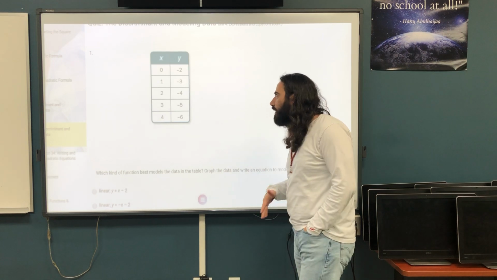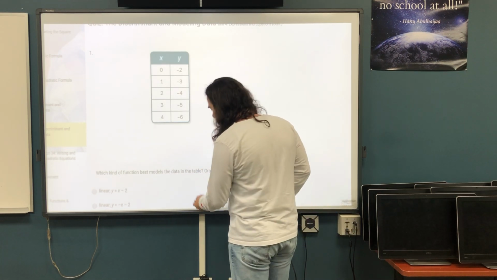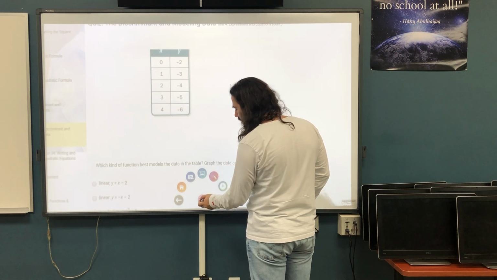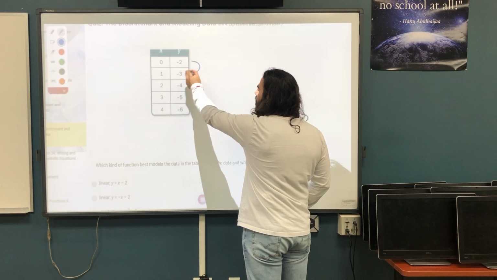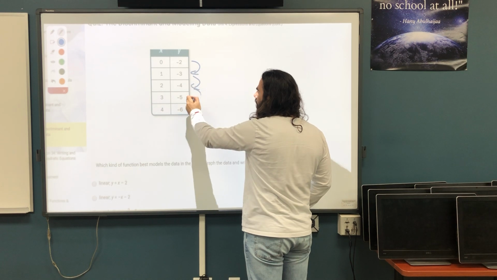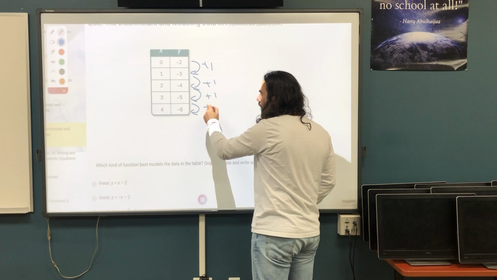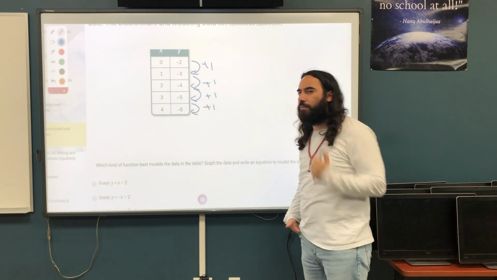Now, as you can see, each time, from -2 to -3, from -3 to -4, and so on, we're adding 1. Each time we're not dividing, we're not multiplying.